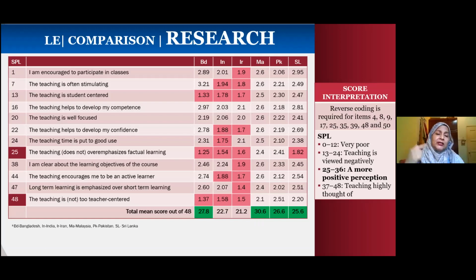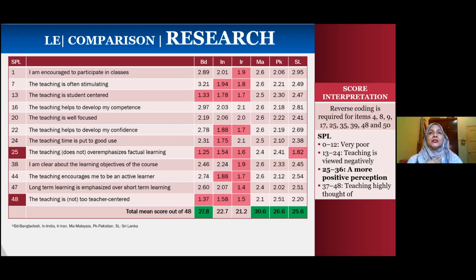In their studies, they have included all the 50 questions and their responses, because I wanted to compare all of those 50 questions with you for this presentation. So that was the inclusion criteria.